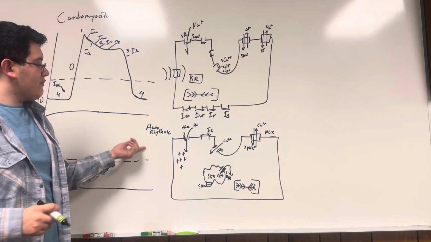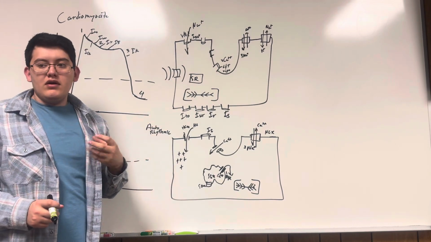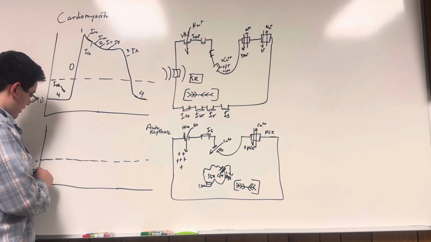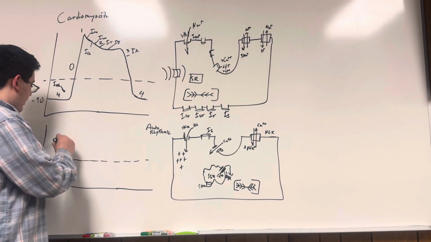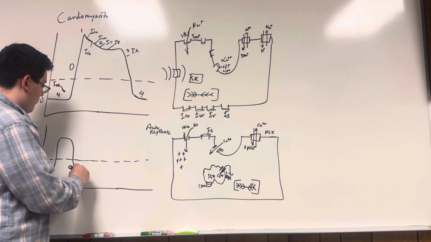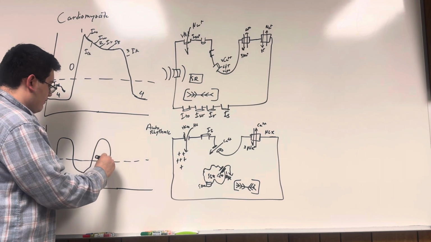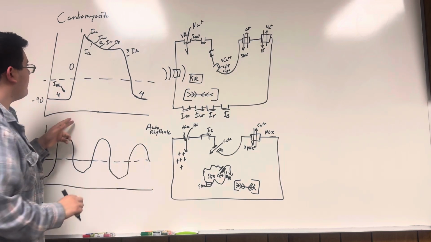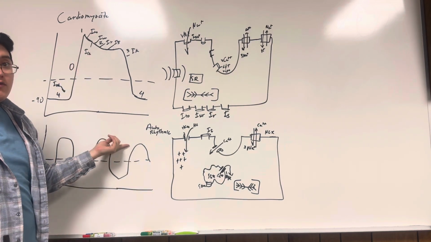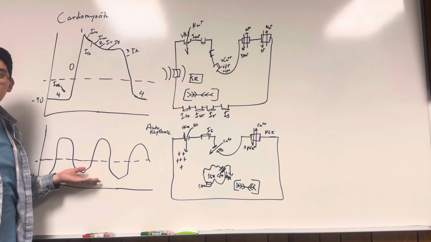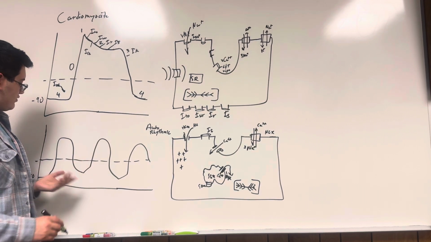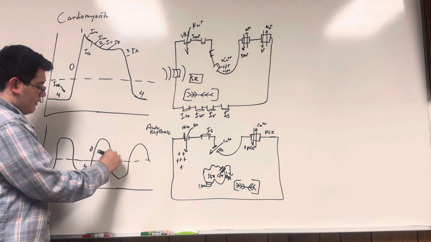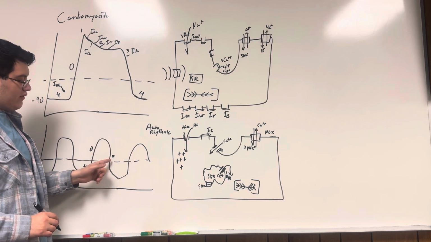While autorhythmic cells tend to be on pretty regularly. Unlike the cardiomyocyte, autorhythmic cells look kind of like this for their action potential, and only have 3 phases: a 4, a 0, and a 3.